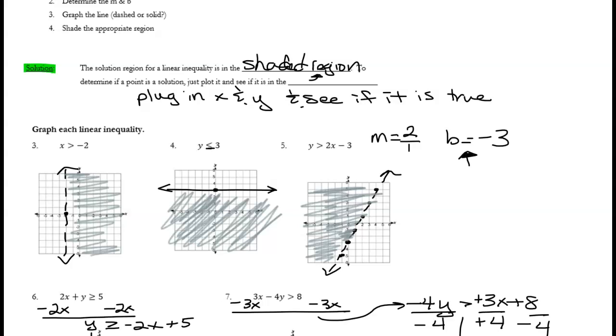Sometimes plugging it in is much easier than drawing the graph. Okay, so here, this is a solution right here. 3, 2, 0, negative 3. All of these points in the shaded region are solutions.